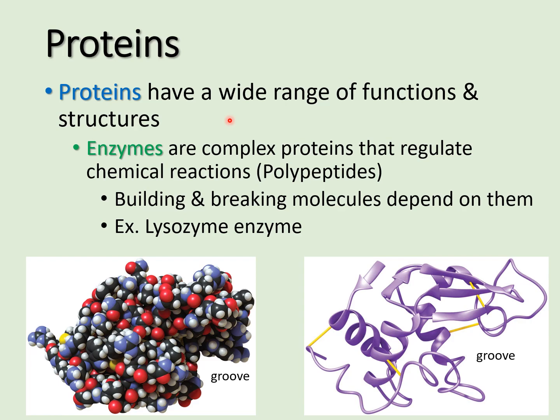So now let's talk a little bit more about enzymes. So these are these huge complex proteins, and they're going to regulate chemical reactions. Okay, so we said they could speed up reactions. They really help the body with complex chemical reactions. And these guys are polypeptides. So again, with proteins, just kind of change your terminology a little bit.